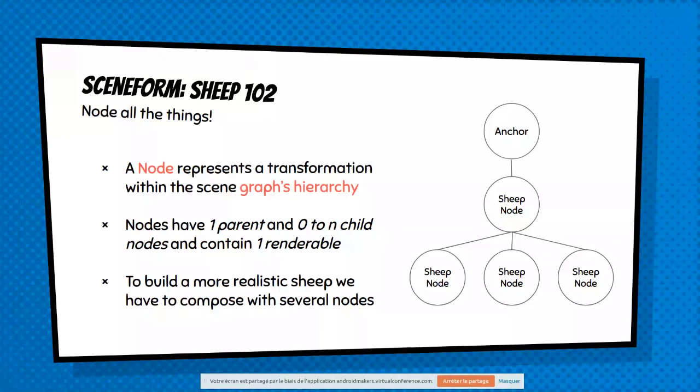A node can have only one parent and 0 to n child nodes. You have to keep in mind this graph hierarchy in order to add some nice animation or build your own AR scene.